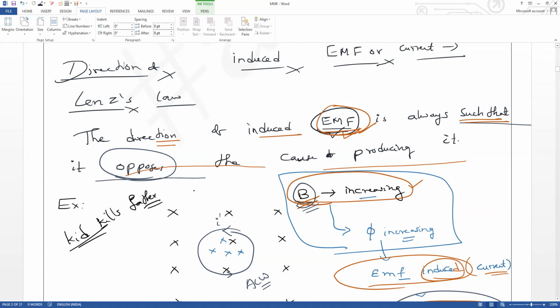So the induced EMF always opposes the direction of its cause. Whoever is responsible for the EMF, the EMF will start opposing him, acting opposite to him. If the cause acts left side, the EMF will act right side. If the EMF acts right side, the cause acts left side. Nothing else is there. Do you understand now? Yes, sir.